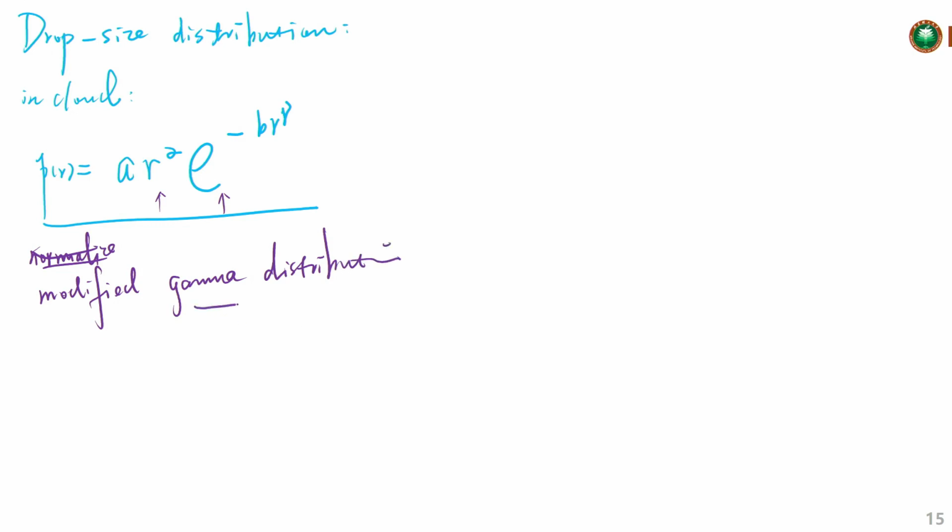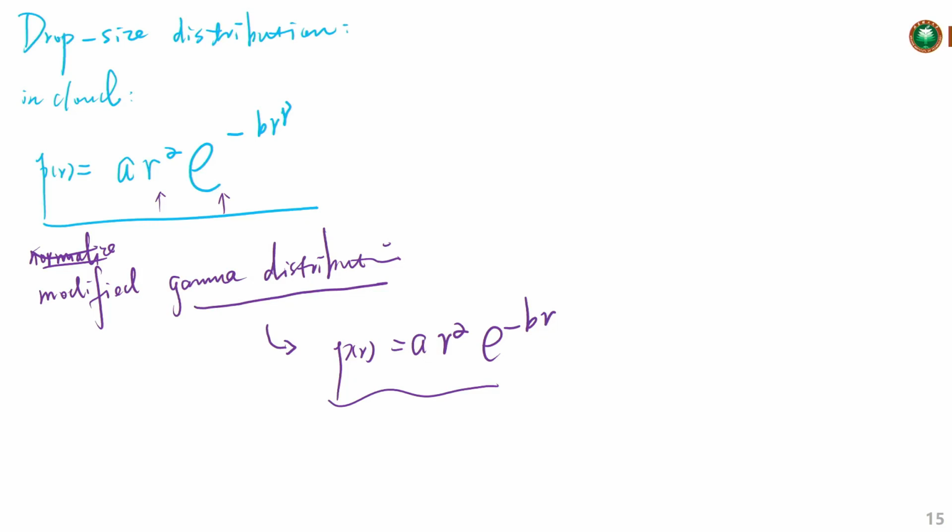Because it has its own general gamma distribution. The general gamma distribution is p(r) equals A times r to the power alpha, times e to the minus B r, with gamma equals 1. It is modified because this formula cannot be compatible with a more general cloud. Okay?